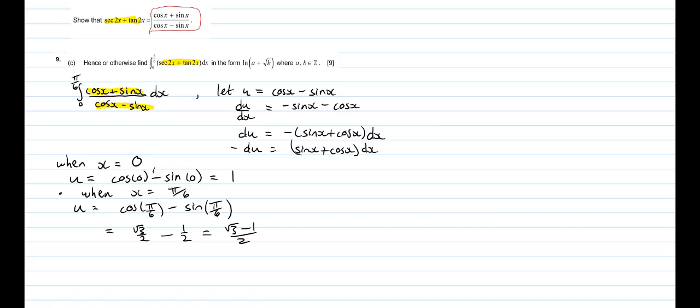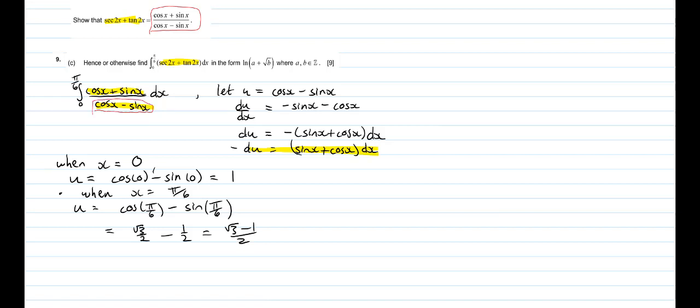If we integrate with respect to u, we've got our expression for du up there. Wherever we see sin x plus cos x dx, we just replace that by negative du, and the part in the denominator, cos x minus sin x, that is u, so we're just going to write u.